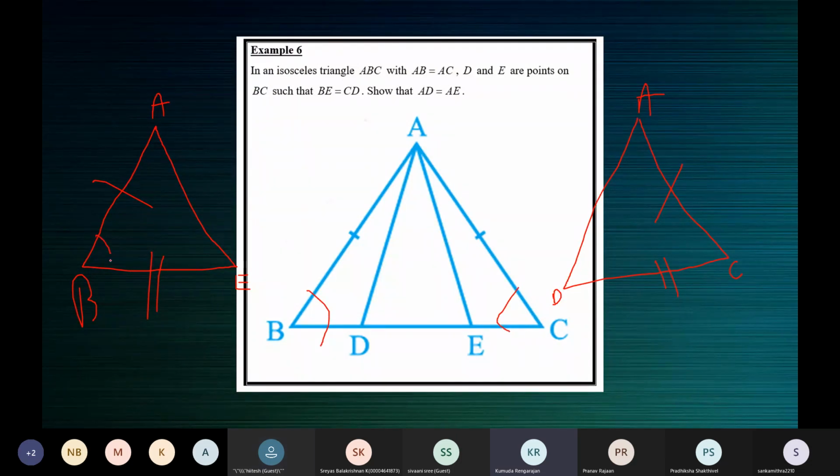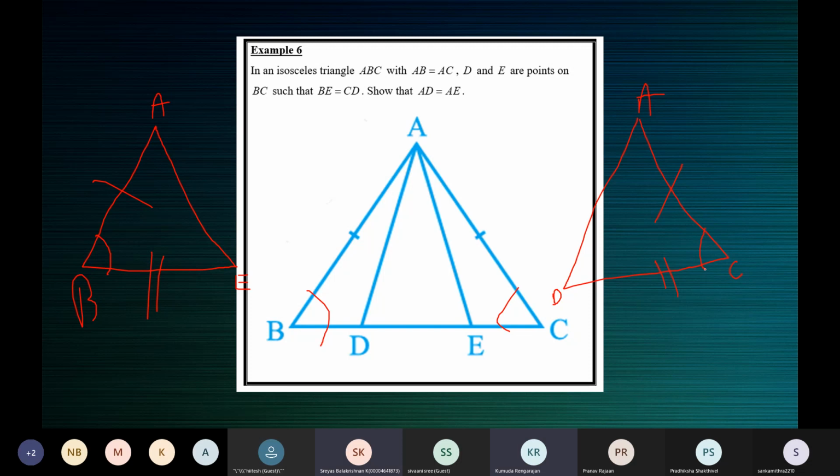So Hitesh, angle B is equal to angle C. Angle B is in this triangle ABE and angle C is in this triangle ACD. What's the rule? Ma'am, in an isosceles triangle, two sides are equal, so two angles are also equal. Correct.